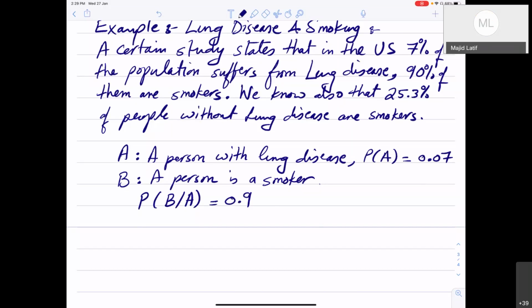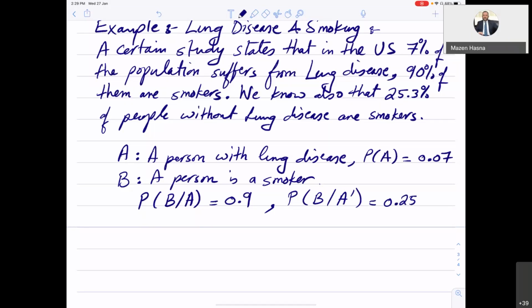And what's the probability that out of those who do not have lung disease, what's the chances that if you go to that pool and you pick one randomly, that person is a smoker? 75%? No, 25.3%. We said 0.253.